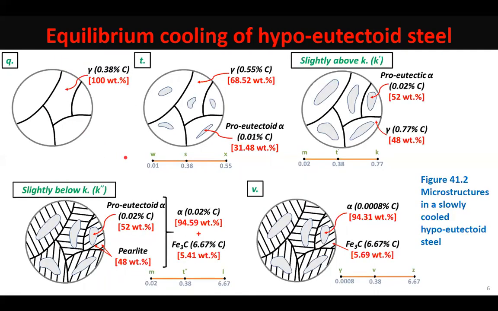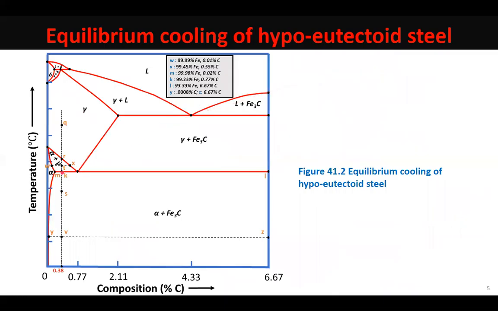So then when you are just on the verge of reaching the eutectoid temperature, in this diagram that represents point K, slightly above it, you will have the maximum amount of pro-eutectoid ferrite that could have got formed in this steel. And the remaining would be austenite.